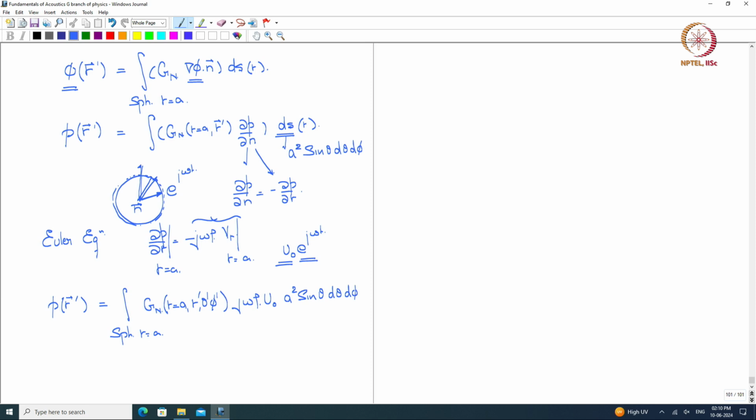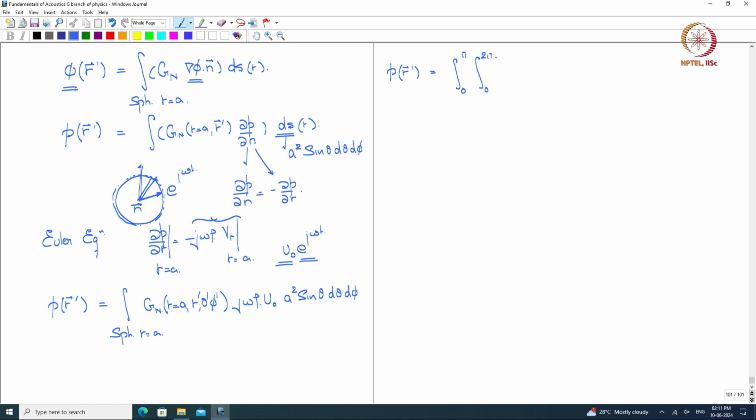Okay. So, if I substitute for the Green function, the Neumann Green function, okay, so I will get pressure at r dash is equal to integral 0 to pi integral 0 to 2 pi. Okay. The Green function has a negative in it. We have brought in 2 more negatives.